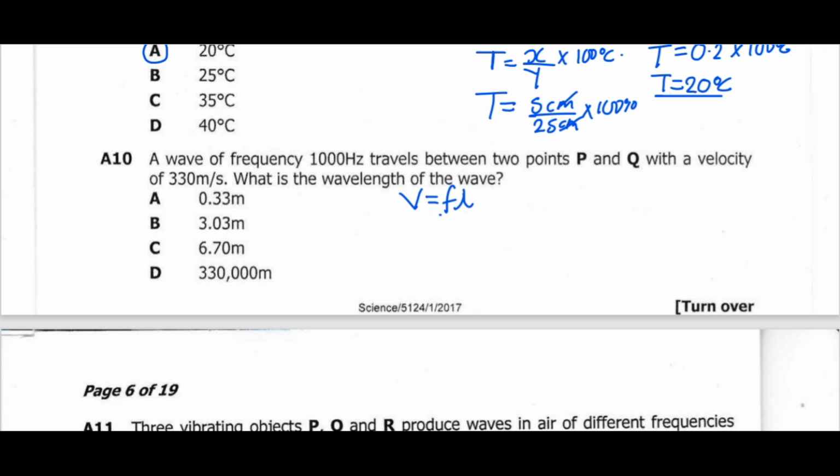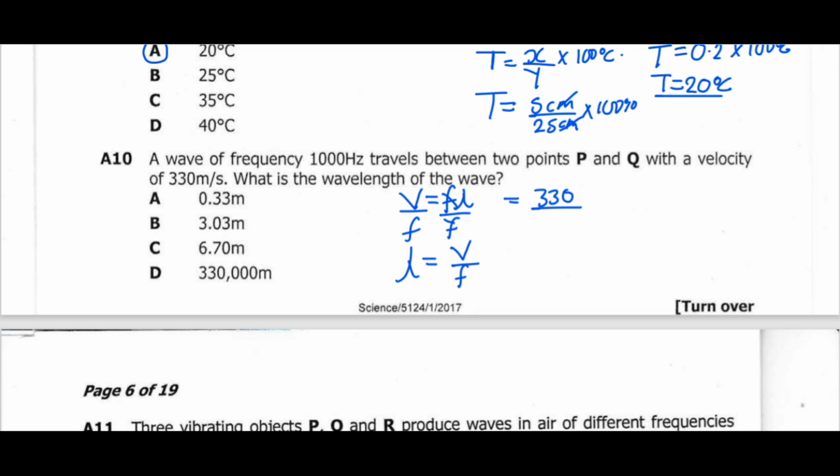So we can divide by frequency so that we make wavelength the subject of the formula. Then the formula becomes wavelength is equal to velocity, which is 330, over the frequency.